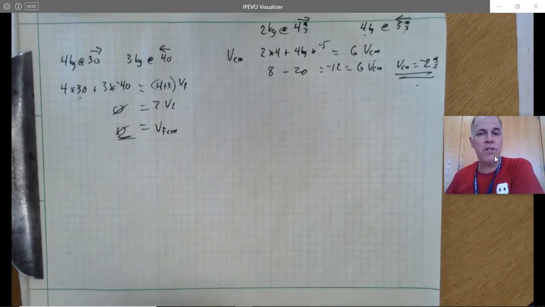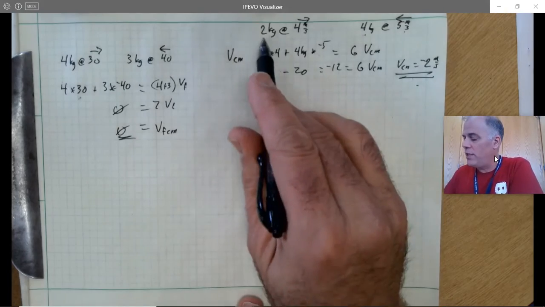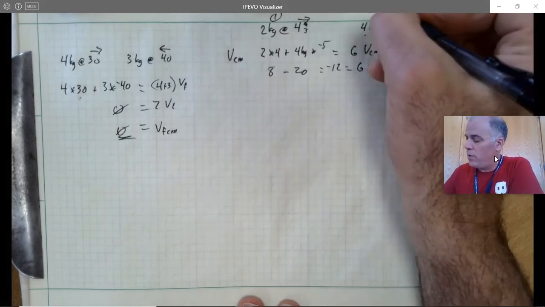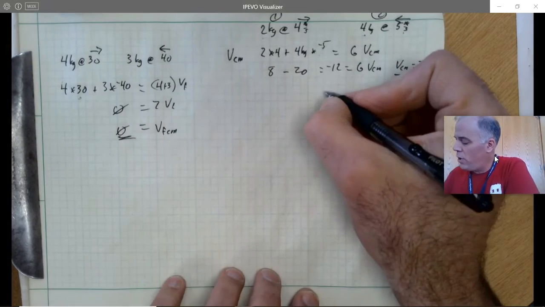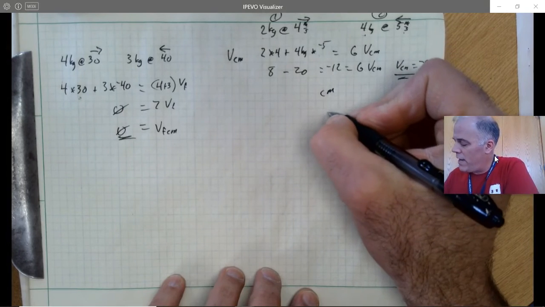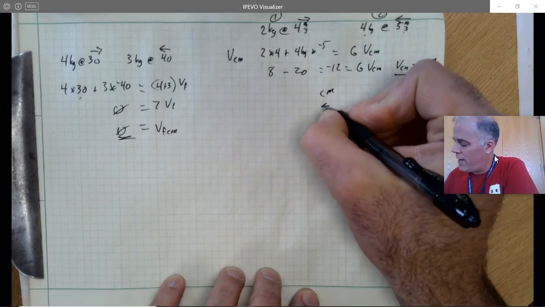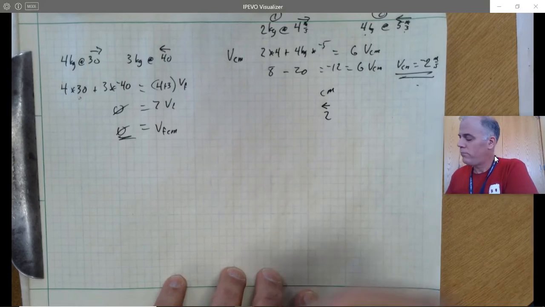The second step is to figure out how fast each of our objects, object 1 and object 2, are moving relative to the center of mass. So the center of mass is moving at 2 meters per second that away.